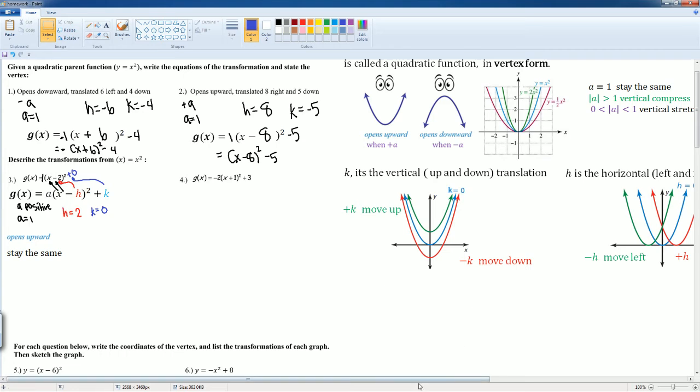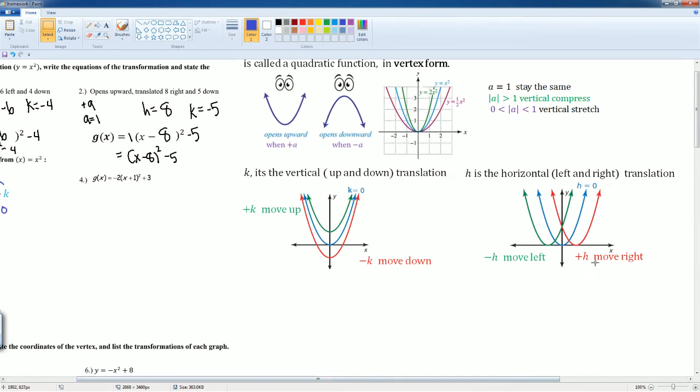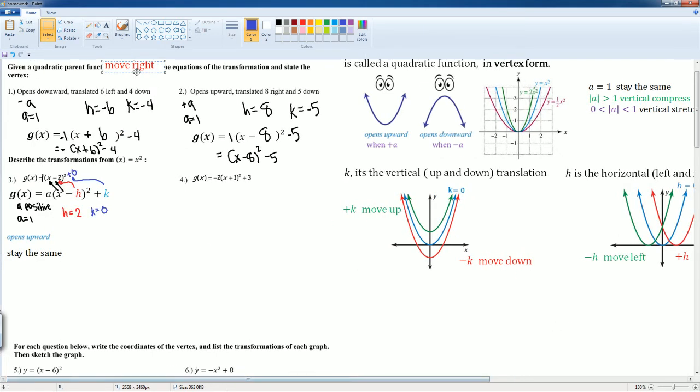H is plus 2, so plus 2 means moves to the right. So we can say move right by 2, and k equals 0. You could say move none, or you don't even have to mention it. So there you go. You can say it opens upwards, the size stays the same, and it moves right 2 units.